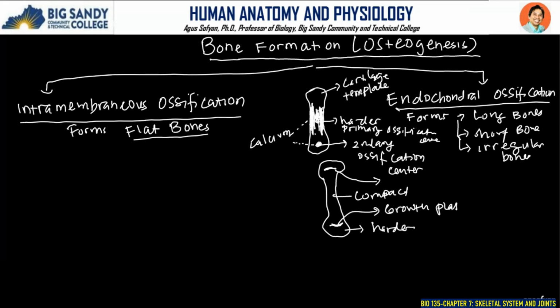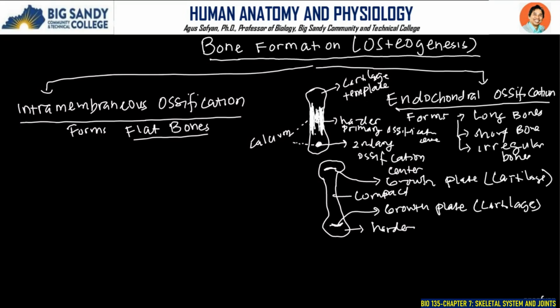Okay, so the growth plate is actually cartilage that consists of cells that will divide. So this is the growth plate, which is cartilage. It finally becomes solid when the girl reaches 21 years old and the boy reaches 25 years old.